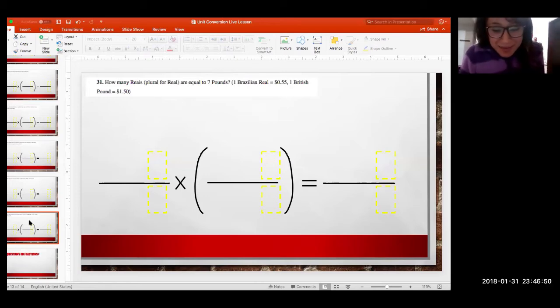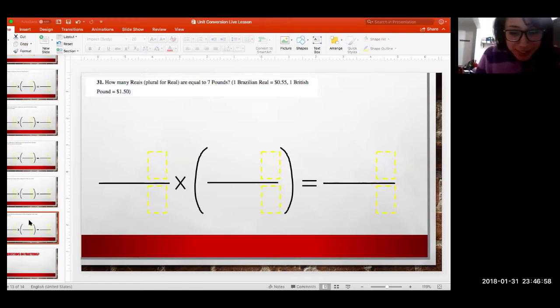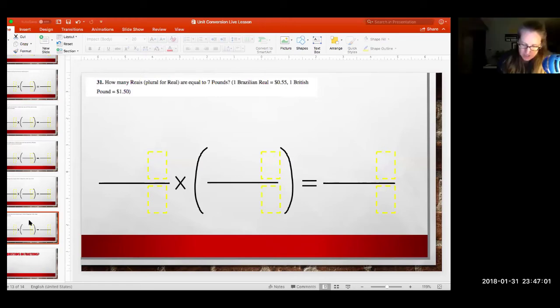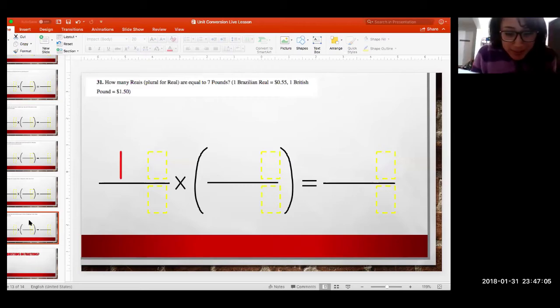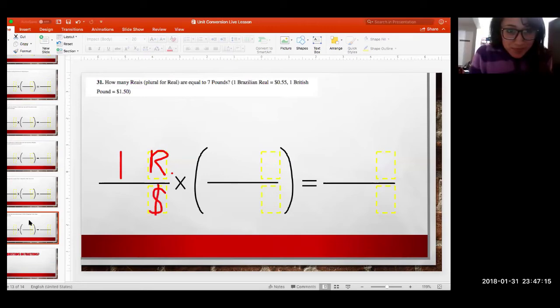Okay, I will tell you the things that I did. I put on the top 1 real. And on the bottom, I put $0.55. 1 real, 55 cents, you mean? Yeah. Okay.